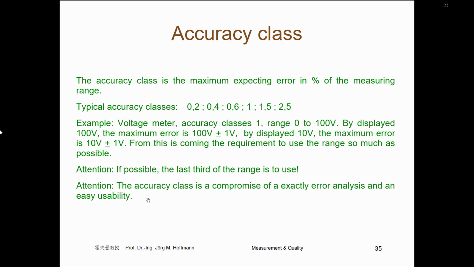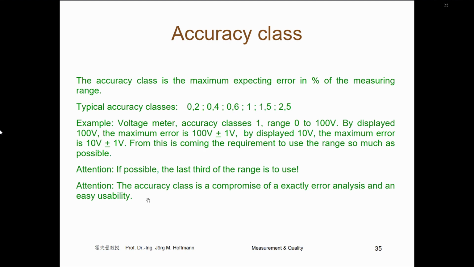The random errors we can only describe. We don't know them when they occur. We don't know the amplitude. We don't know the sign. When one of these is not known, it's already a random error, but mostly nothing is known. And then we can only describe the scattering of the measurement values.